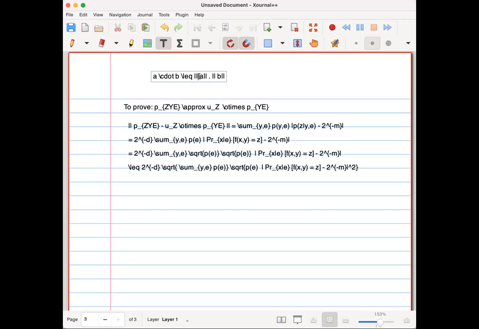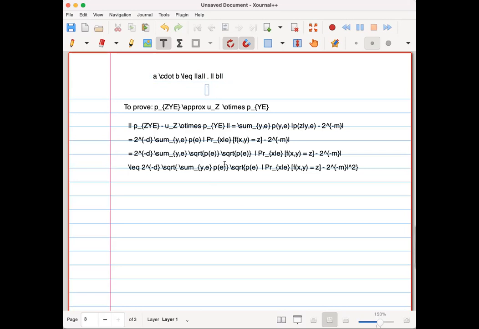You know this. So I'm going to now write this sum as A dot B, so I need two vectors, A and B. These vectors are indexed by y comma e. The number of coordinates is the number of coordinates in y, which is some 2 to the d, times the number of coordinates in e, for which we have no bound, some huge but finite quantity.